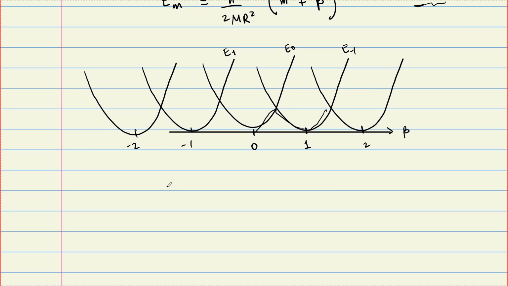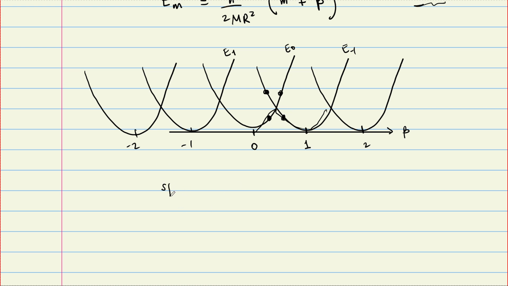Let me write it, because for example E0 becomes an excited state here, whereas E1 becomes the ground state here. Whereas here, E0 is the ground state, E1 is the excited state. This is kind of like Bloch bands, but in a different context.